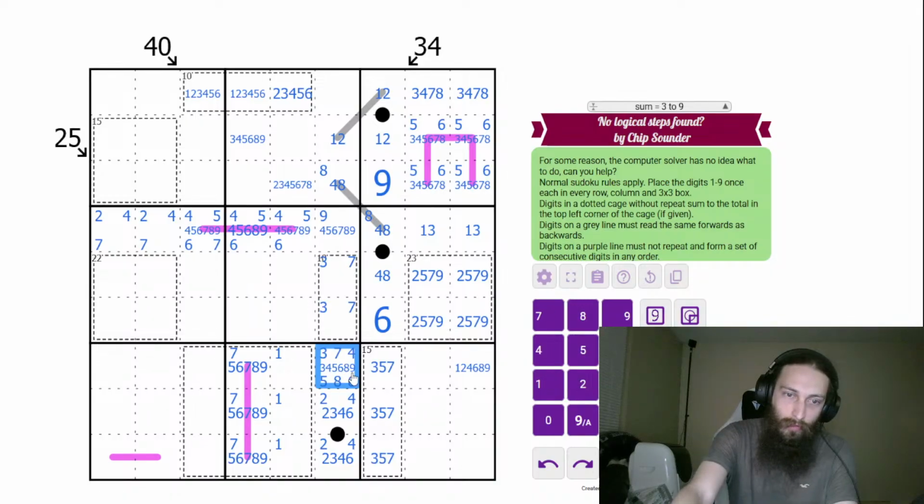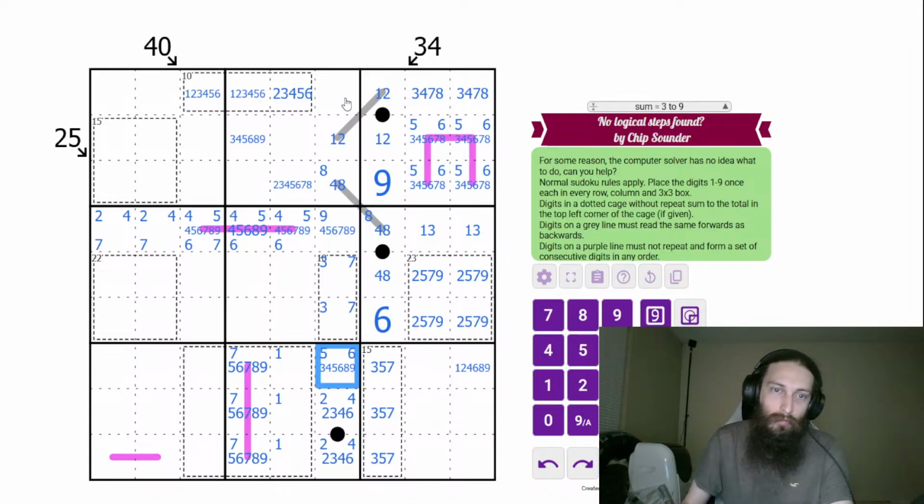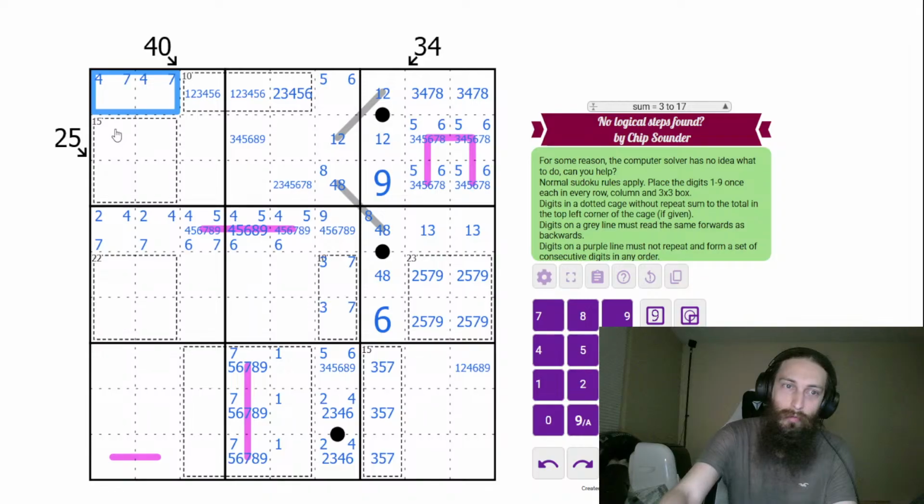3, 4, 5, 6, 7, 8, 9. 4, 3, 7, 9, and 8. We get a 5, 6 pair here and here. This has to have 1 or 2 and 5 or 6. So this would be 3, 4, 7, 8.